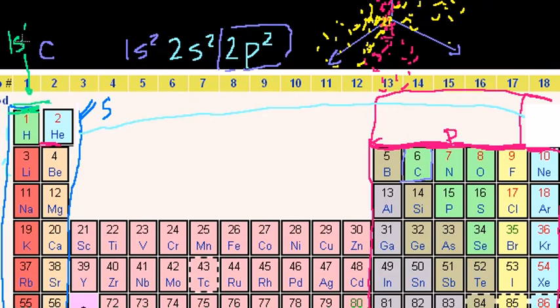You only have one electron in the s subshell of the first energy shell. The configuration of helium is 1s2. And then you start filling the second energy shell. The configuration of lithium is 1s2. That's where the first two electrons go, and then the third one goes into 2s1.